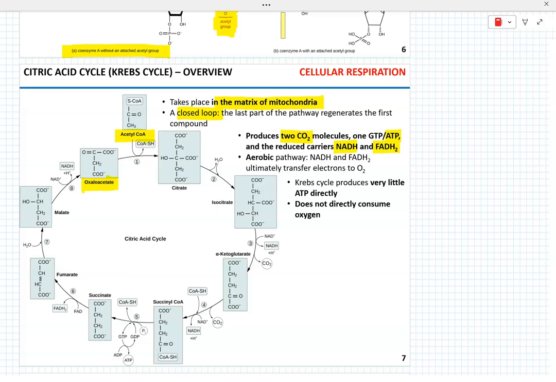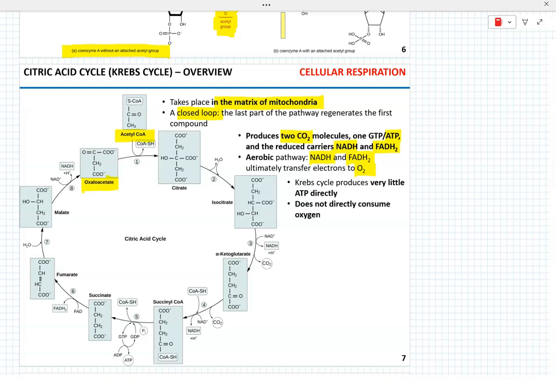This pathway is aerobic. Why? If you look at this pathway, you're not going to see any oxygen here, but NADH and FADH2 ultimately carry these electrons to the electron transport chain, which transfers those electrons to oxygen. Without oxygen, Krebs cycle cannot run.